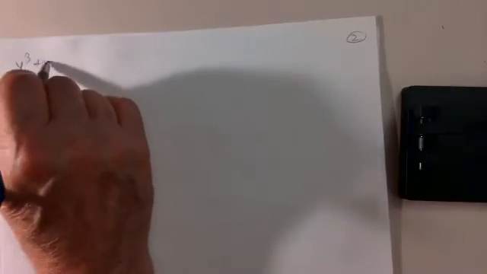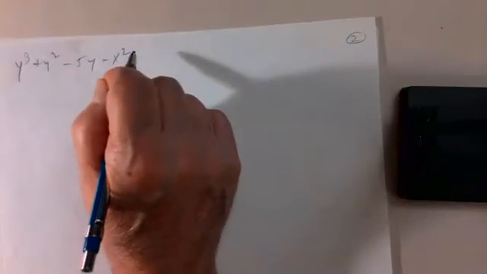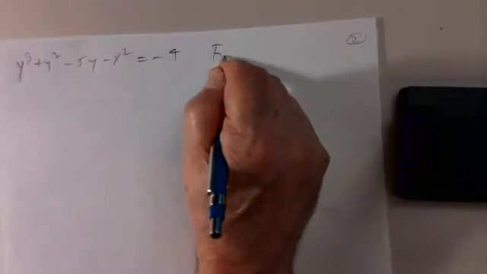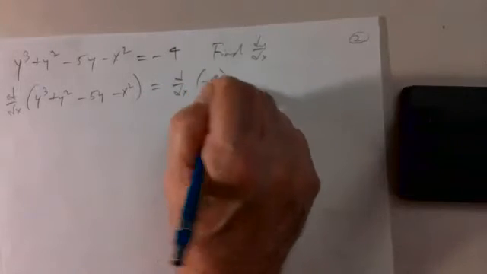So if we start with the curve, y cubed plus y squared minus 5y minus x squared equals minus 4, and we want to find dy/dx, the derivative with respect to x of the left-hand side is the derivative with respect to x of the right-hand side.